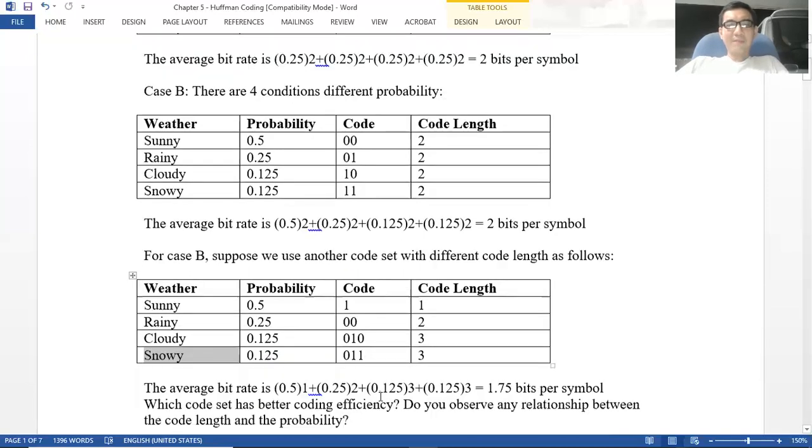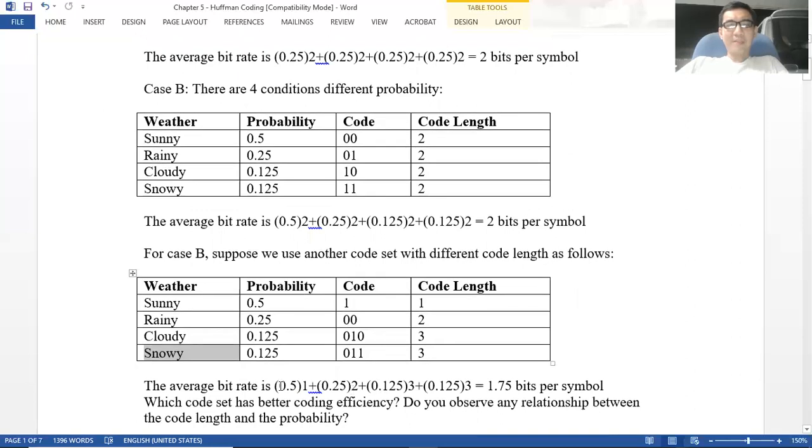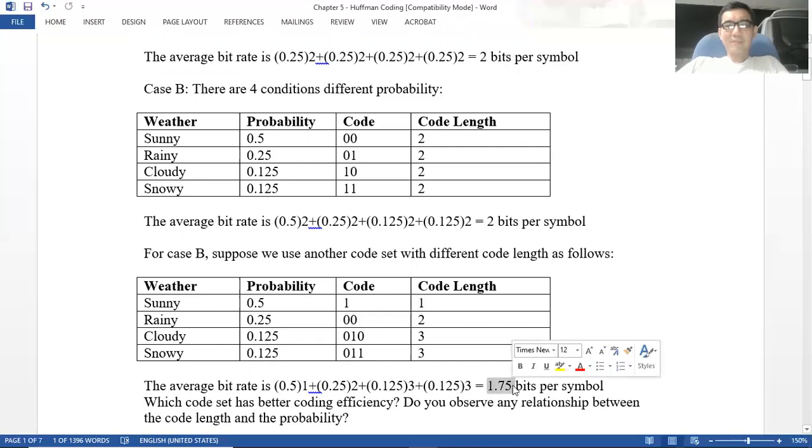In this case, if you calculate the bit rate, you take probability 0.5 multiplied by code length 1, and for rainy you take probability 0.25 multiplied by 2, and so on. If you calculate, you get a different coding efficiency, which is 1.75, which is less.